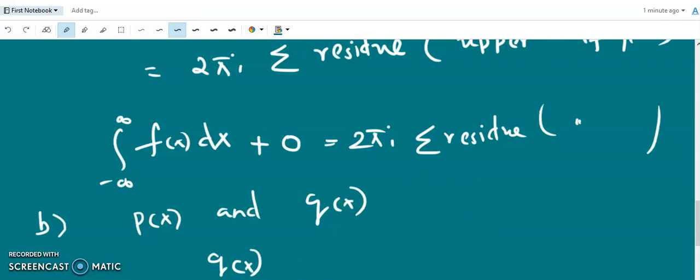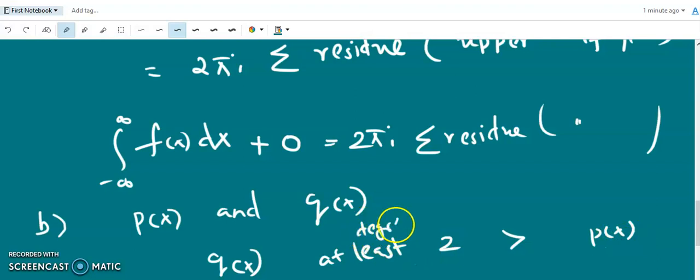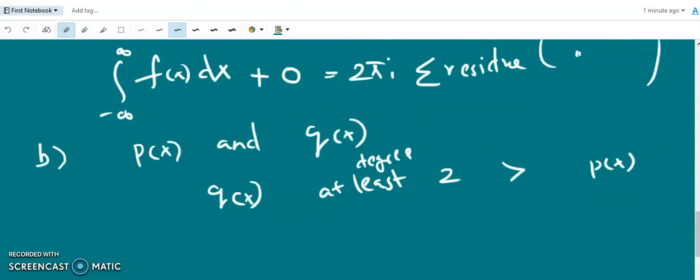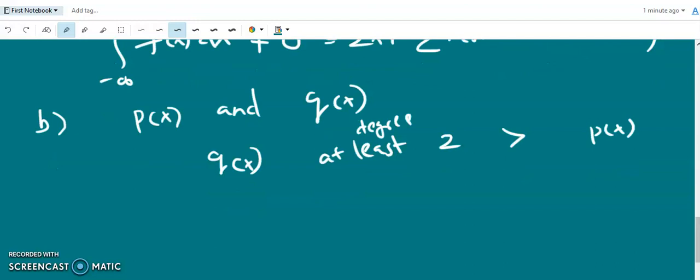That is, the degree of q of x is at least 2 greater than that of p of x. And the integrand, which is p of x by q of x, is a function that has no singularities on the real axis.